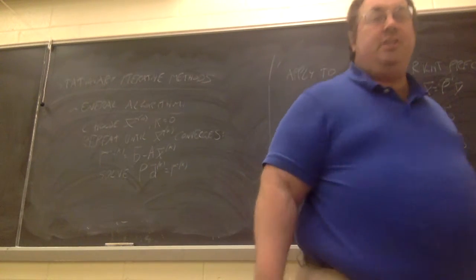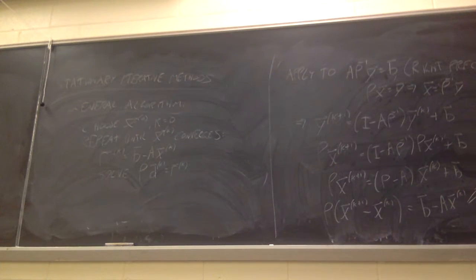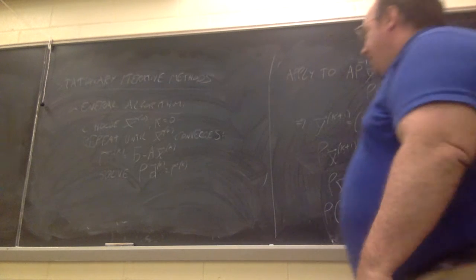This is why I mentioned that when you're preconditioning, systems involving P must be easy to solve, because we're solving this kind of system every single iteration. If P was just as hard to work with as A, we'd have a terribly inefficient algorithm.